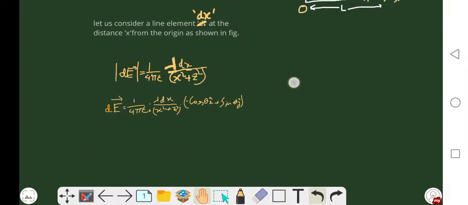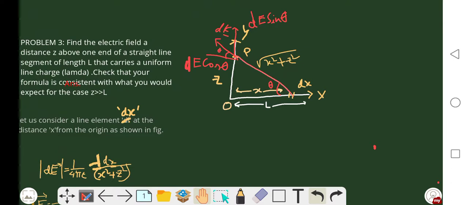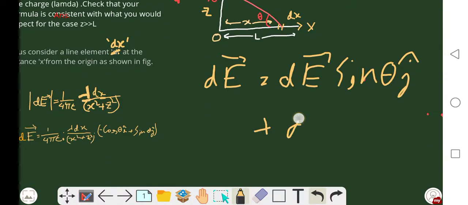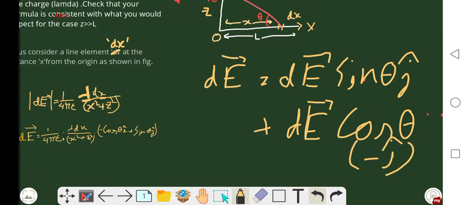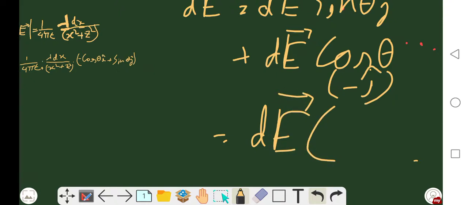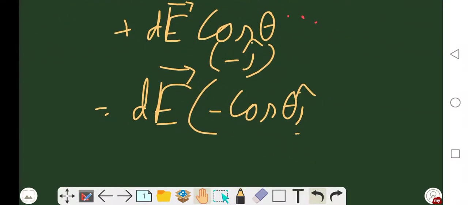So it is basically dE equals dE sin theta j cap plus dE cos theta i cap, with a minus i cap because it is in the opposite direction of the x-axis, so dE times minus cos theta i cap plus sin theta j cap.